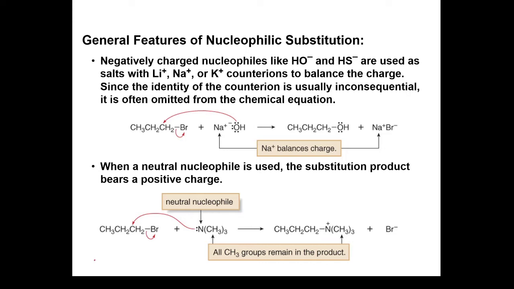Okay. So if I'm going to have an ion as a nucleophile, it's probably going to be either a salt or a strong base. It's going to be an ionic compound that brings the nucleophile. So what they're saying here is, I want to add a hydroxide to an alkyl halide.